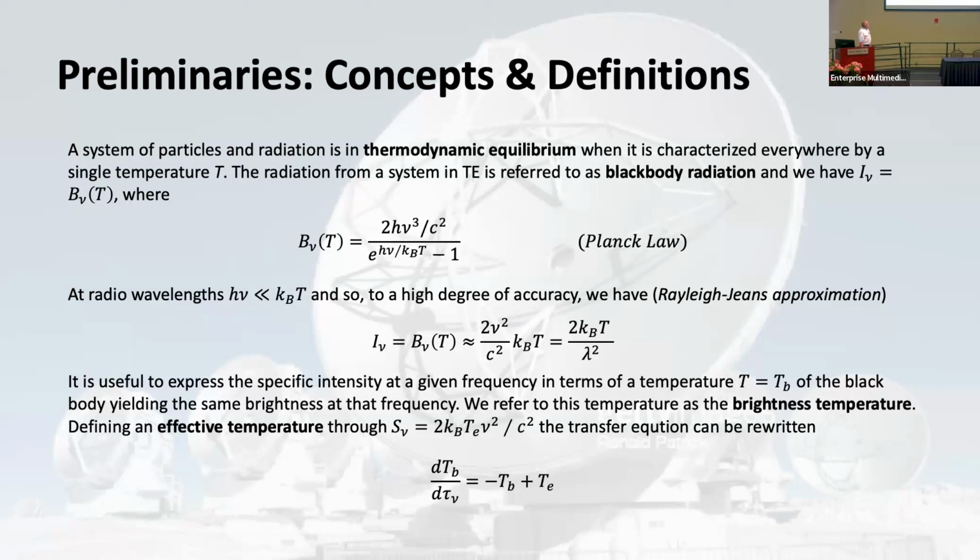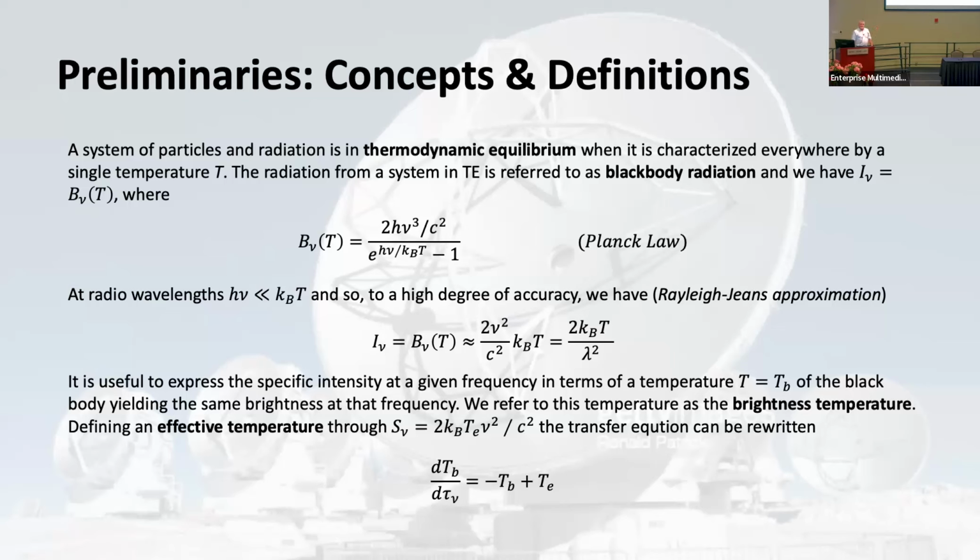So, are you all familiar with brightness temperature? It's a very convenient idea. It's basically the temperature, T sub B is what I've annotated it here, of a black body yielding the same brightness or intensity at a particular frequency that's observed. So it may or may not have something to do with the emitting system, but it's a convenient shorthand.